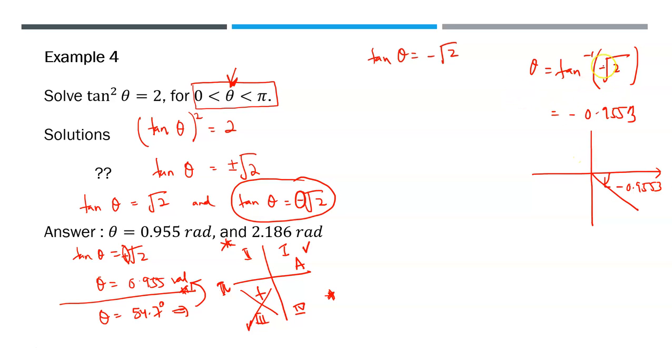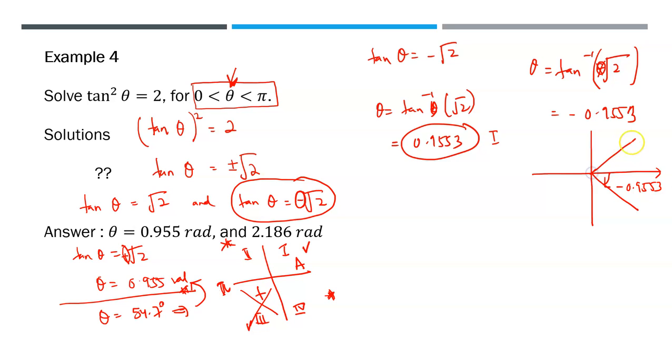So in this case, don't substitute the negative when you are doing the calculation. You just ignore the negative sign, then you find tangent inverse of root 2. Then you will get 0.9553. This one is actually in the first quadrant.